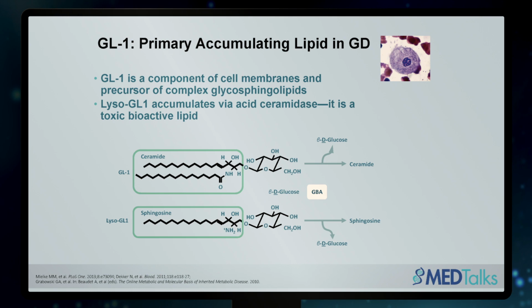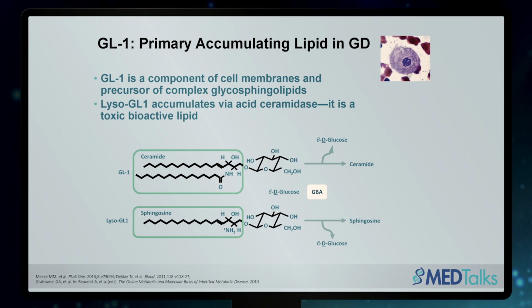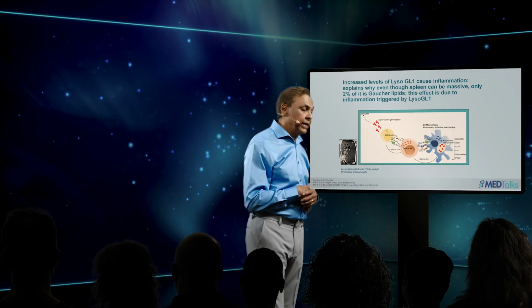So the first thing we learned was that the Gaucher lipids were markedly increased, as we expect. And the second thing we learned is that these mice, much like patients with Gaucher disease, had a lot of inflammation. Their immune system was activated.